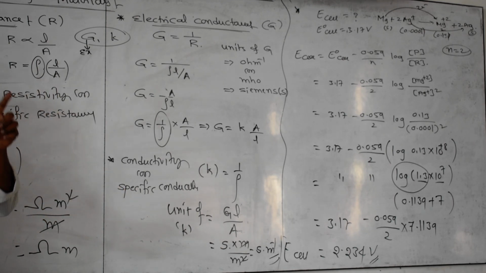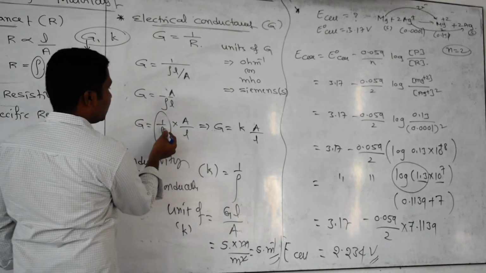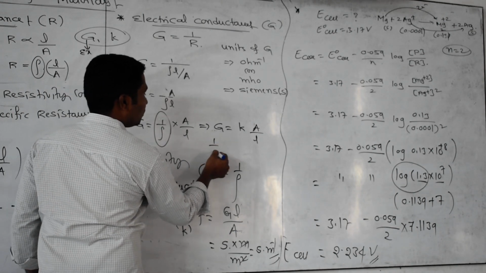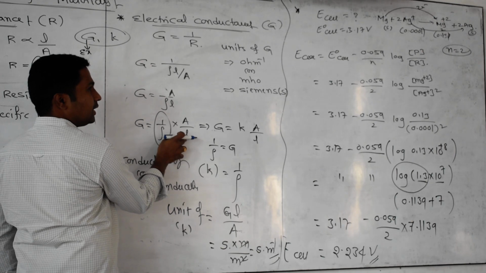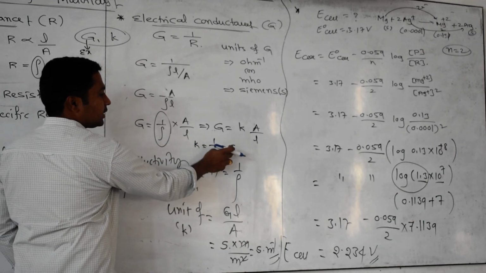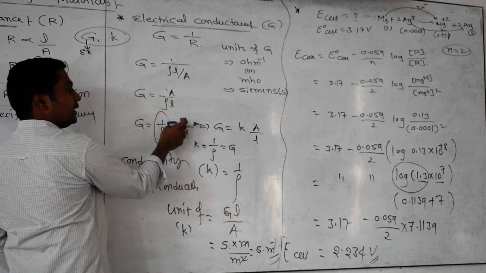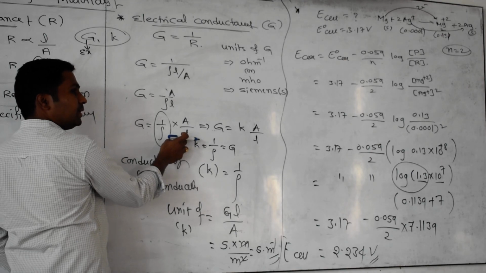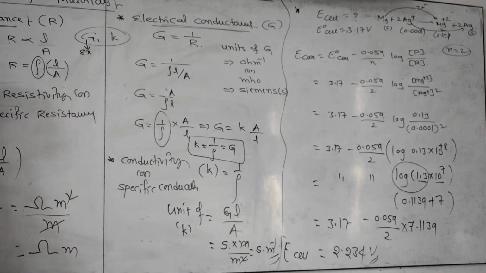You should take standard conditions. 1 by rho is equal to G when area will be 1 meter square and L will be 1 meter. 1 by rho only we are calling K. It means conductance of the material becomes conductivity when area is 1 meter square and the length is 1 meter. This is the conductivity value. This will remain. What are you getting?